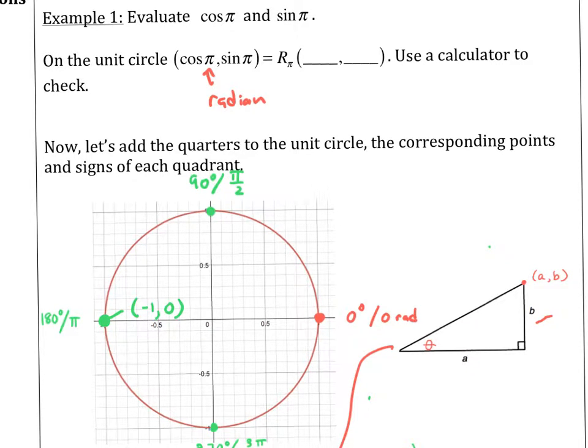So, since the point is (-1, 0), what is the cosine? That means the cosine of pi is -1, and the sine of pi is 0, because that's the cosine and that's the sine. It asks us to check with the calculator, so just pull out your handy-dandy calculator and punch it in.